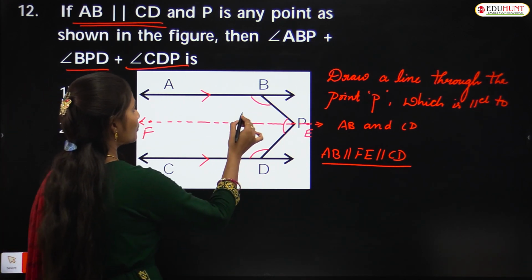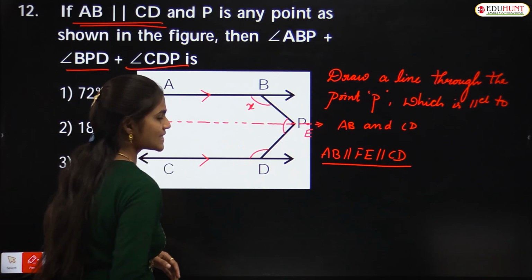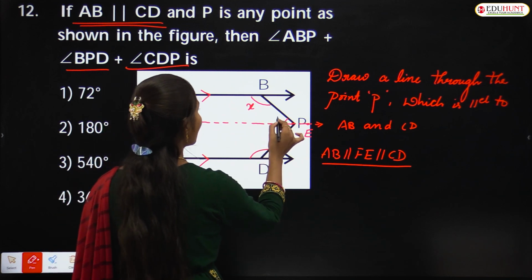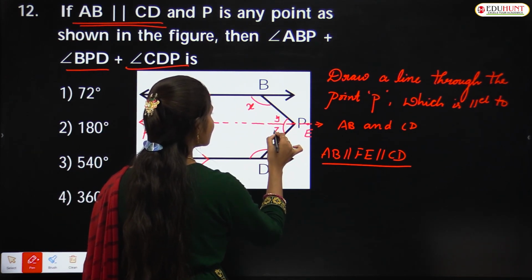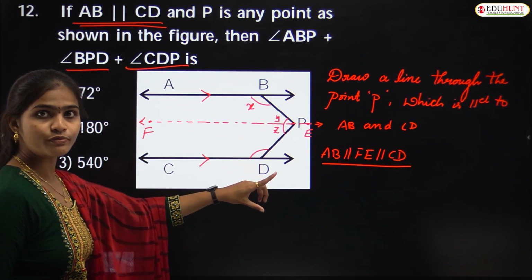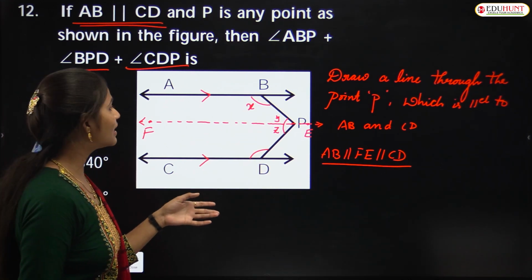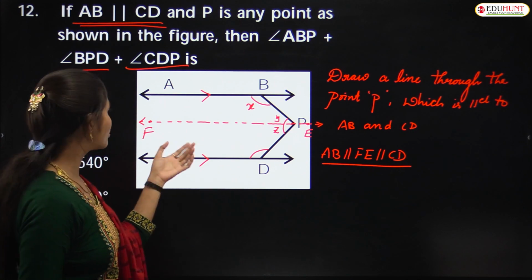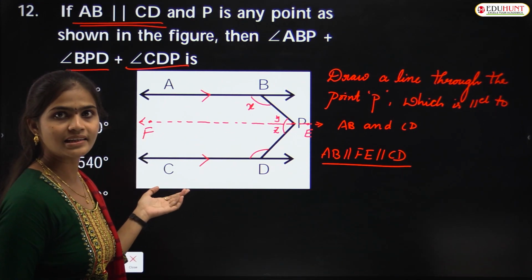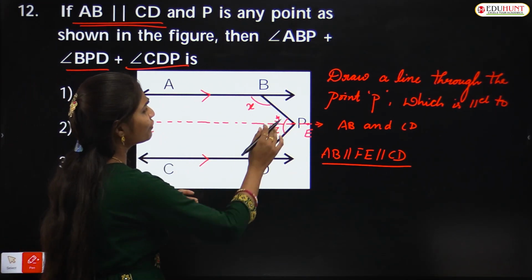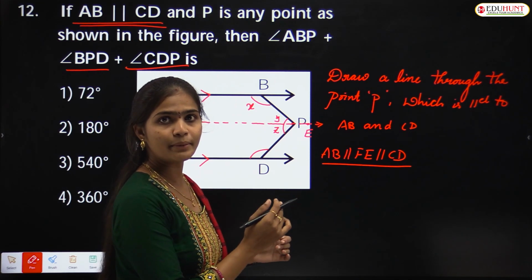Here I am going to take one of the angles as X, here the angle as Y, and here this is Z. Why? Because one of the angles is divided into two angles, not equal angles. Here we can't say those two are equal, because EF is not an angle bisector. It is just a line we drew which is parallel to AB and CD.